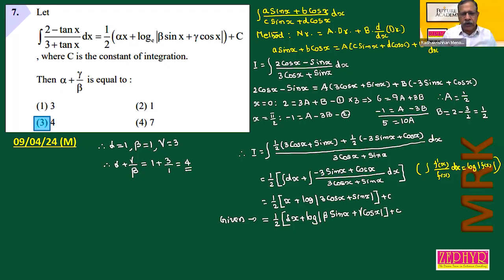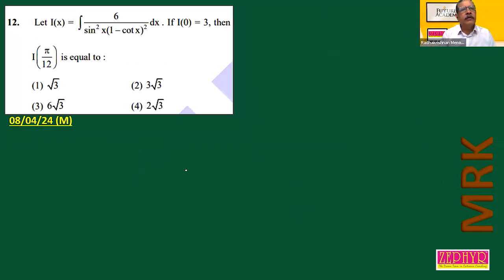Now, another question. This is rather an easy question. When you see the question, you know it's very easy. How? I of x, this 6 you can take outside as a constant.